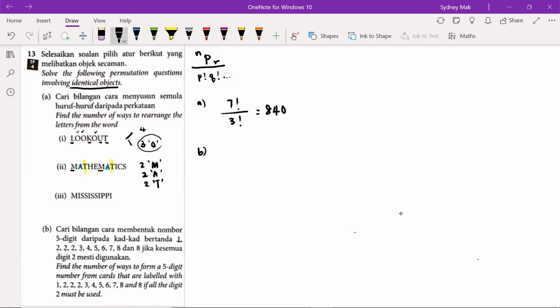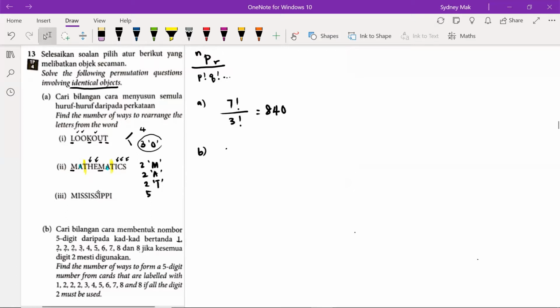And any more? We're left with H, E, I, C, S, so the remaining are single letters. How many of them? 5 of them. And therefore, all in all, we have 11 letters here. Let's double check: 1, 2, 3, 4, 5, 6, 7, 8, 9, 10, 11. So we have 11 letters.